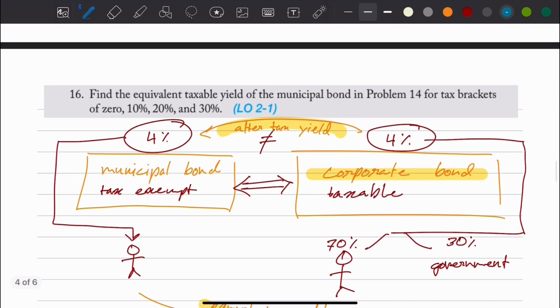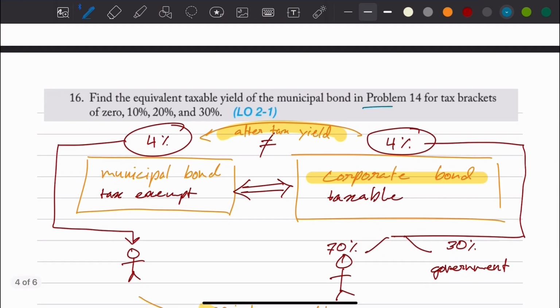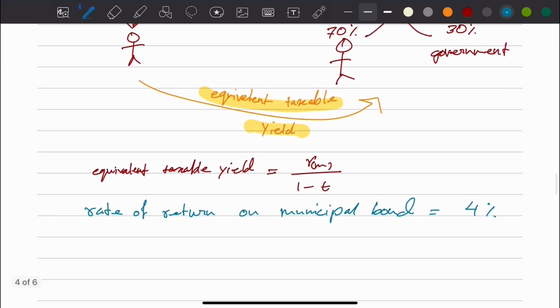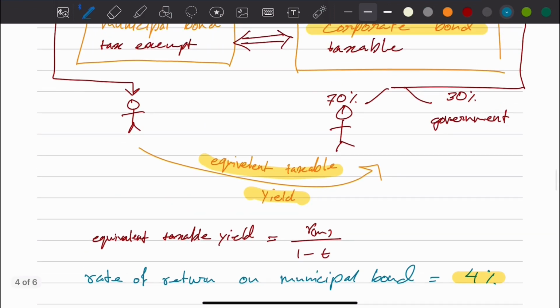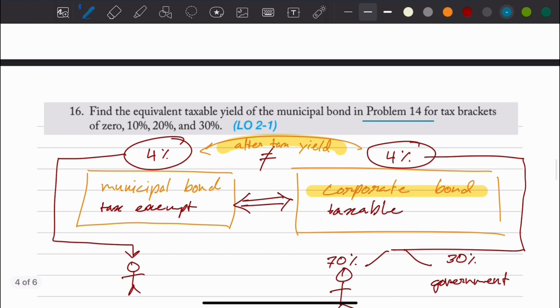It's not given in the question, but if you refer back to problem number 14, you're going to see that the rate of return on the municipal bond was 4%. And the scenarios we had, there were 4 of them. One assumes a tax bracket of 0%, the second one 10%, third is 20%, and the fourth scenario assumes a tax rate of 30% for the investor.